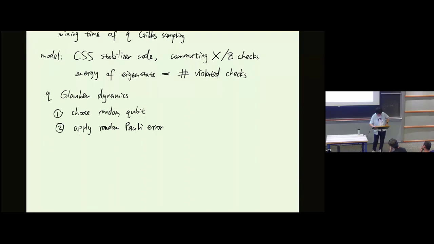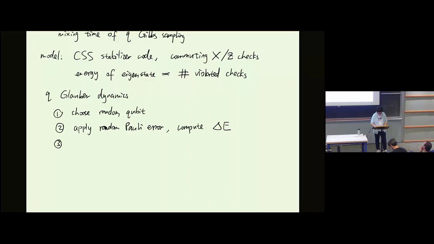So hypothetically, if we apply the Pauli error, that could change the energy of the state. So we will also measure the X and Z checks acting on the qubit, and we will calculate the energy difference if we hypothetically apply the Pauli error minus the original energy.